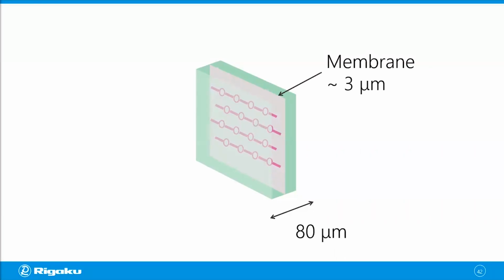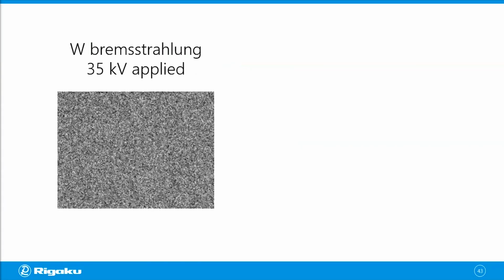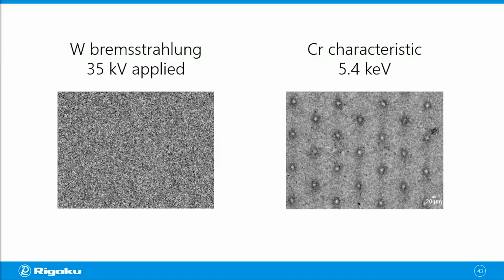So if you use traditional tungsten target Bremsstrahlung radiation, even if you lower the applied voltage down to 35, you really don't see anything in the projection. But if you use a chromium target and the characteristic radiation at 5.4 keV, then you can clearly see the pattern coming from the organic membrane filter.